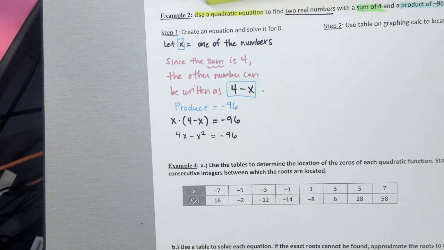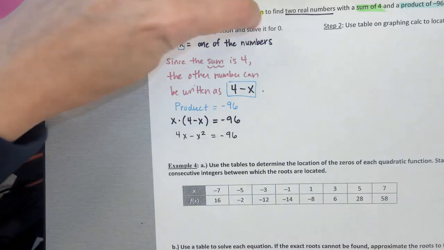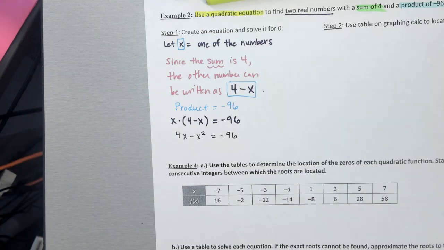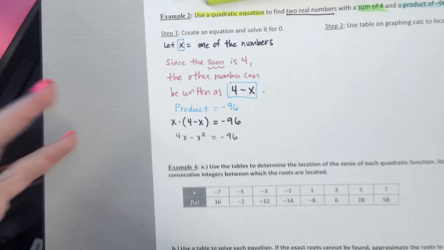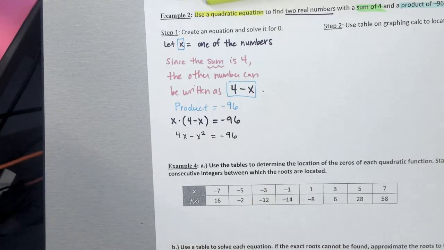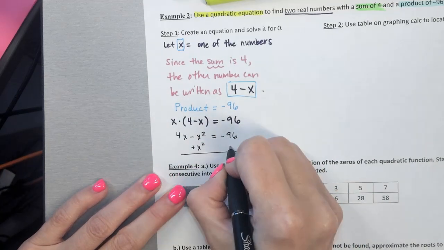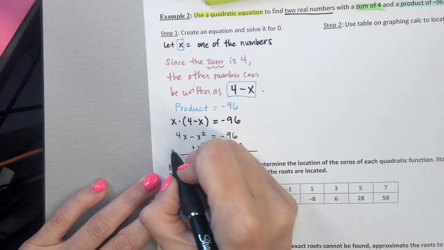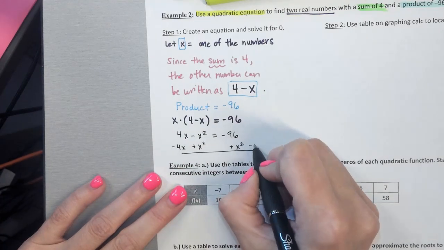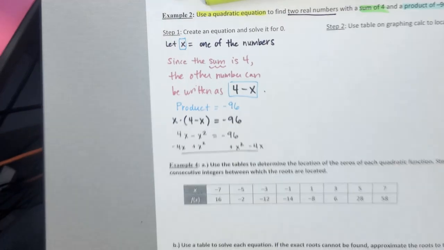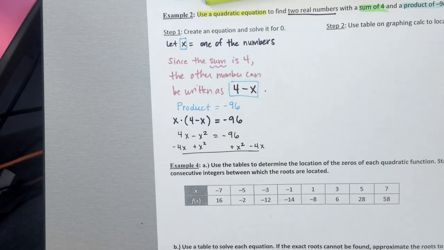When we're creating the equation, it says here we want to solve it for 0. So we want to have it equal to 0. You can really move it to either side. What I would do is move over the x squared. I'd add it to this side, and I'd subtract the 4x. That way I have a positive value.